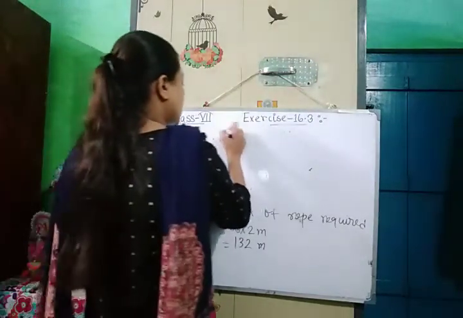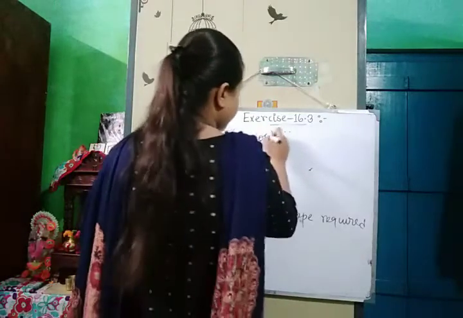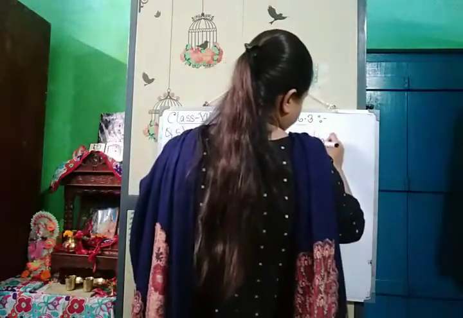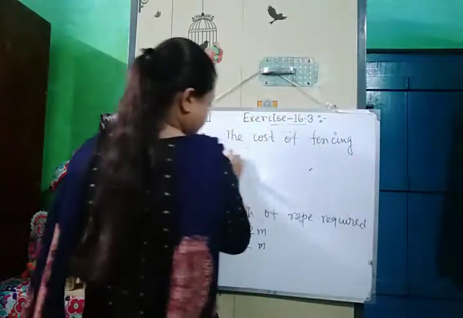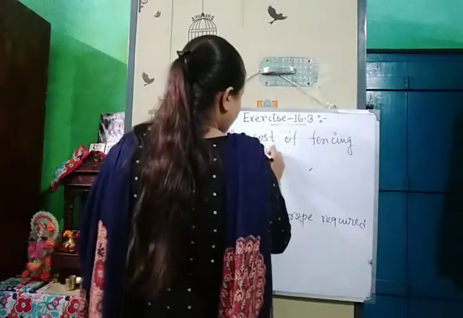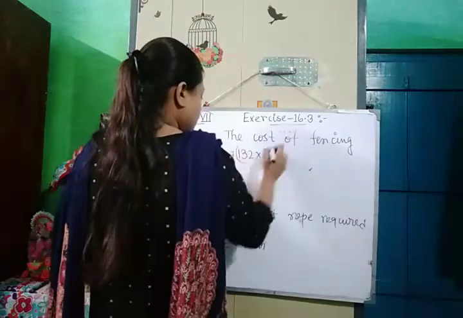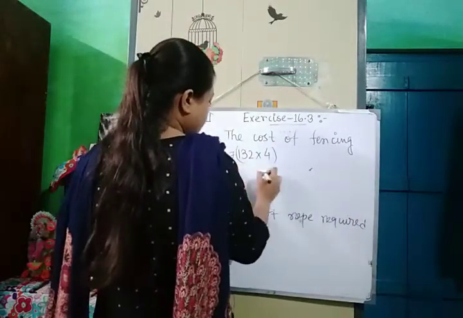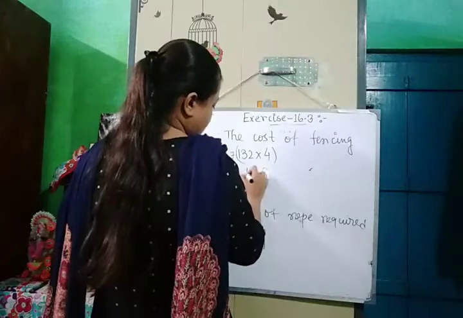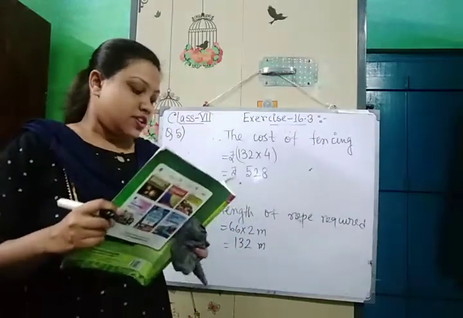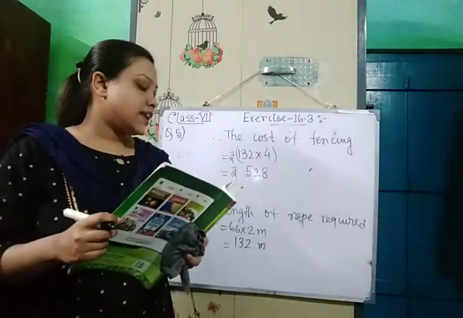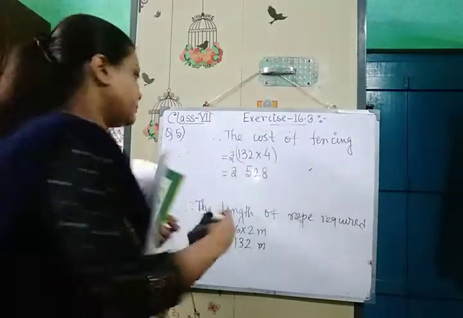So therefore the cost of fencing equals to 132 into 4 rupees is equals to rupees 528. Okay, so that is the answer. So I hope this is clear. Next I am doing question number 6.